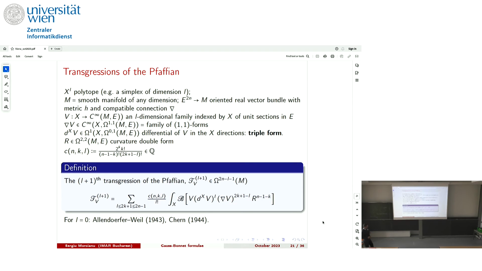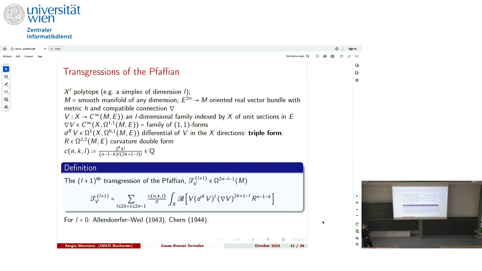So let's see. I define a form of degree 2n minus L minus 1. So I go down L plus 1 degrees from the Pfaffian by integrating in X such a form defined on X cross M. So maybe the precise ingredients are not important, but they are local ingredients.